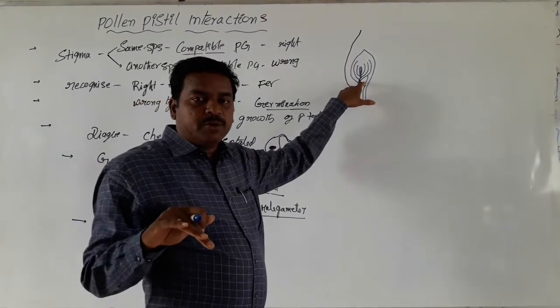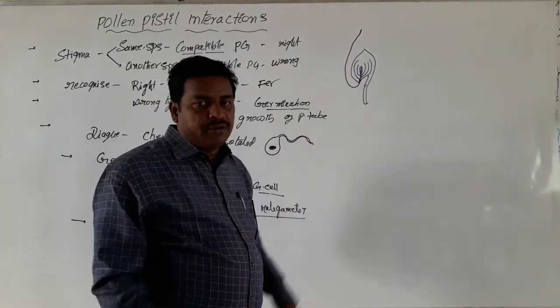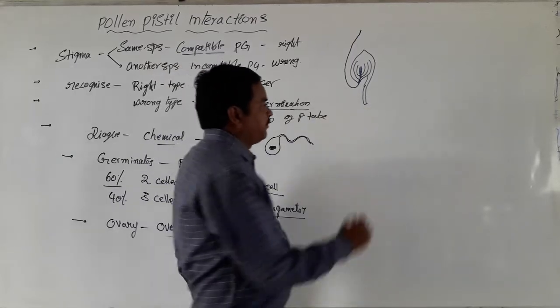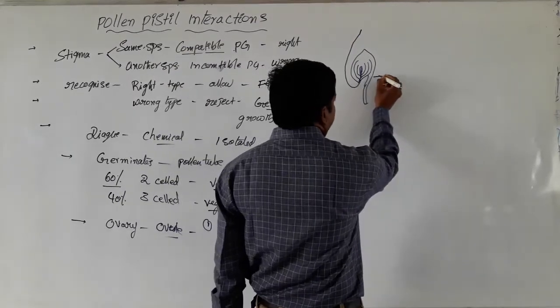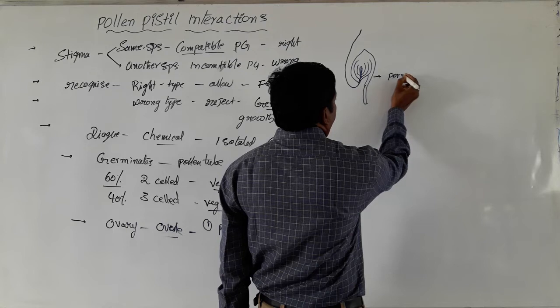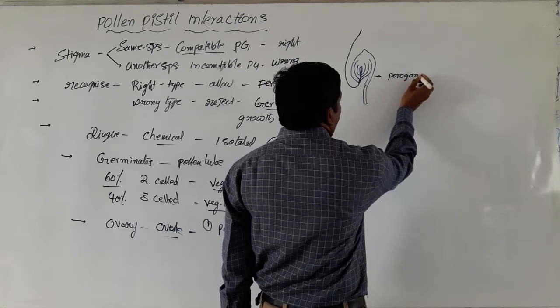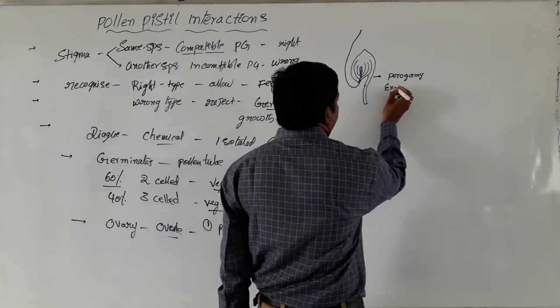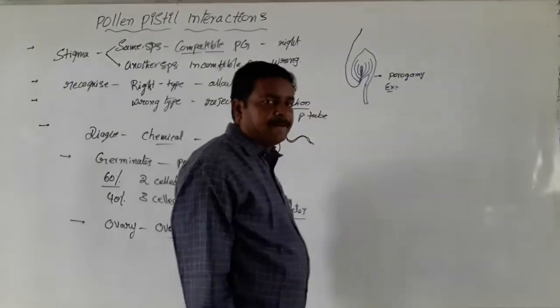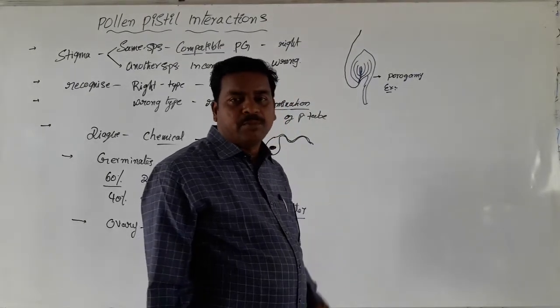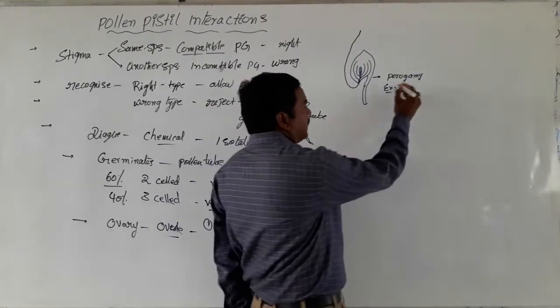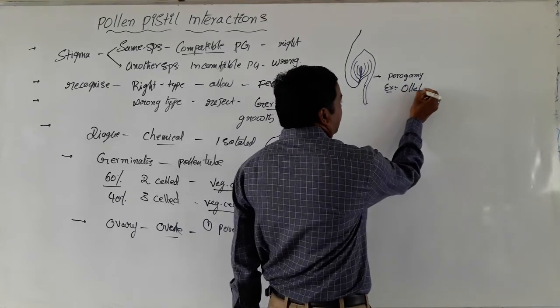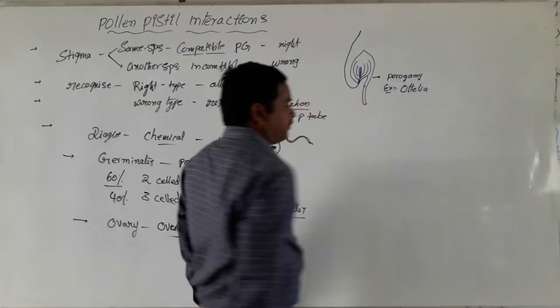The entry of the pollen tube into the ovule through the micropyle is called porogamy. This is the common type of entry of the pollen tube. Botany is one example.